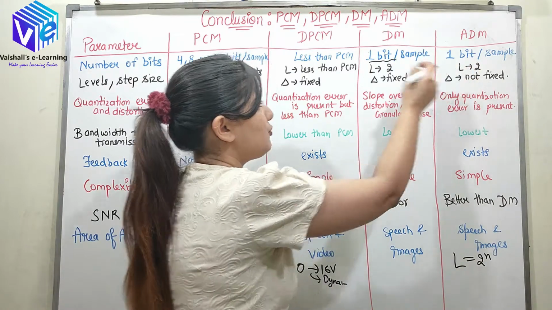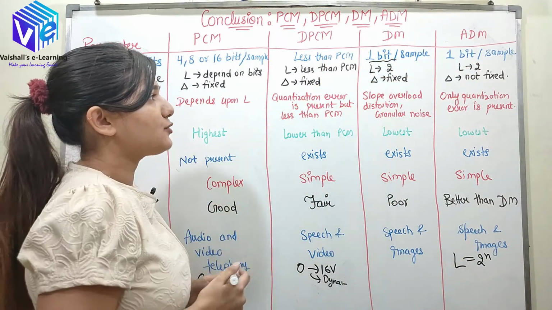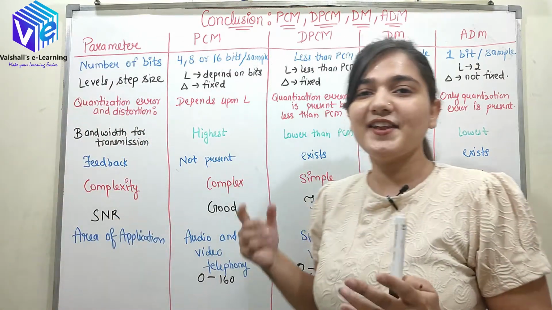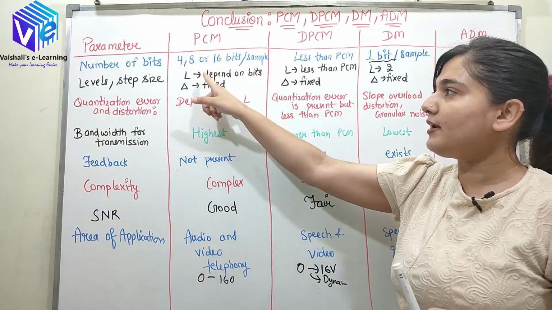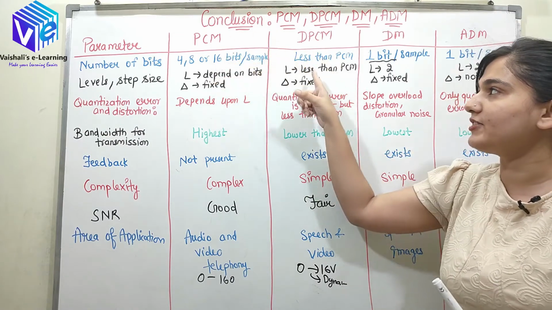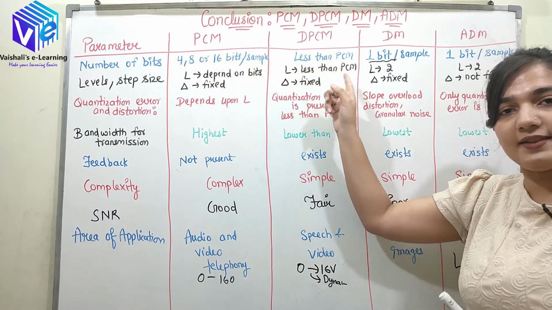So levels are 2 here also, because n is 1, level would be 2. Now talking about this, here the number of bits were more, so level would be more. Here the number of bits were lesser than the PCM, so levels also would be lesser than the PCM.